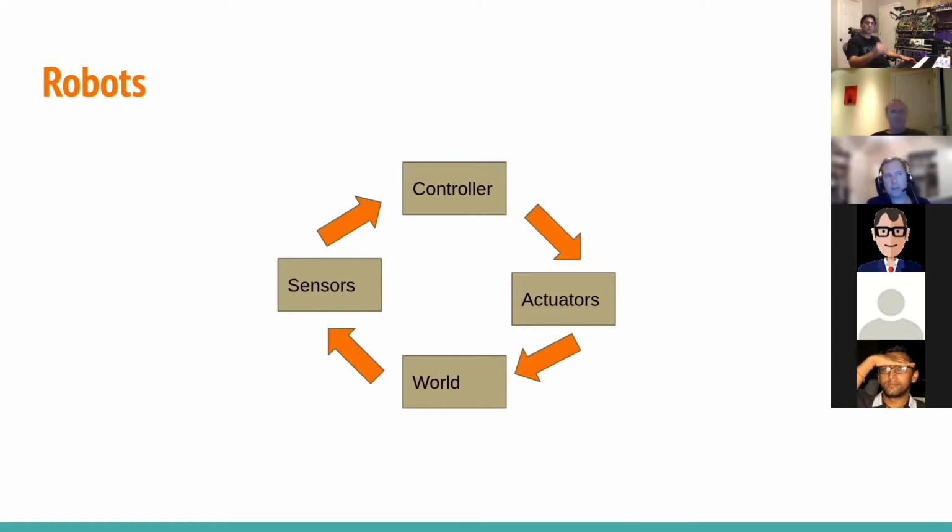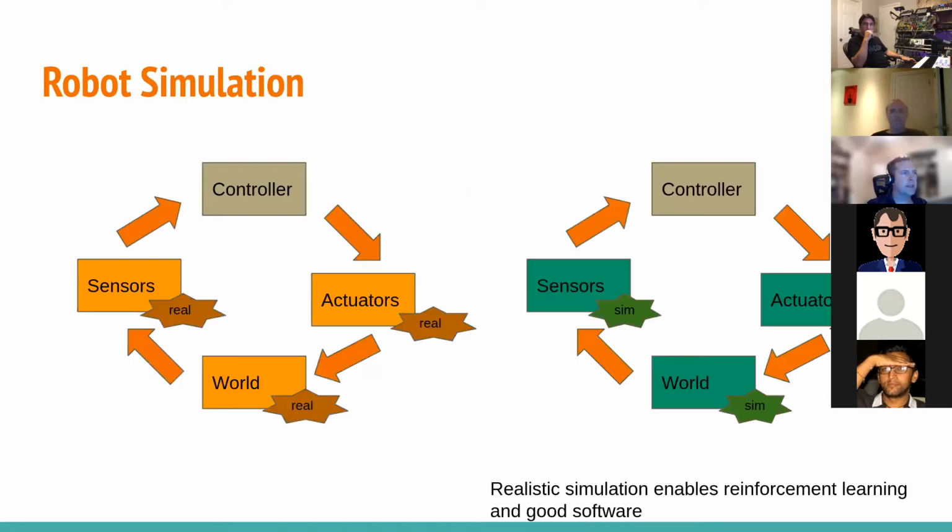So you've got sensors that go into your controller, and then your controller outputs commands to an actuator, and that actuator changes something in the world, and then the world responds and feeds back to your sensors. So you've got this control loop where you're acting on the world and then sensing the world and making changes to what's in the world.